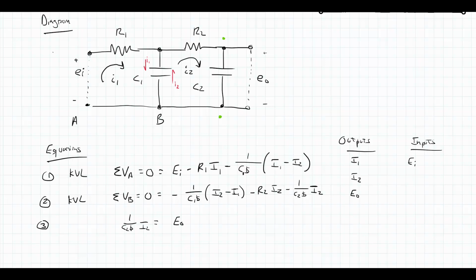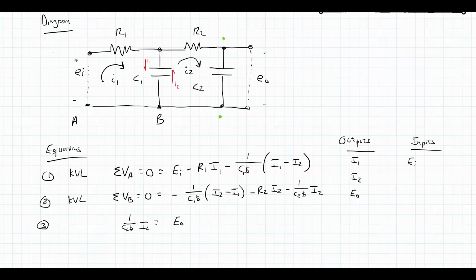The way I did this, I used two KVL equations to get two of my equations. I started at that lower left node and made that small rectangular path and came back to it. I then started at node B and made a small rectangular path and came back. And then I looked at the voltage across that capacitor, which was 1 over C2s I2, and that's ultimately the voltage that I care about, that E out.